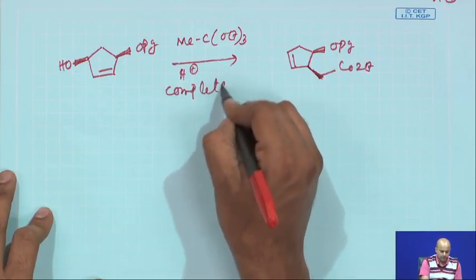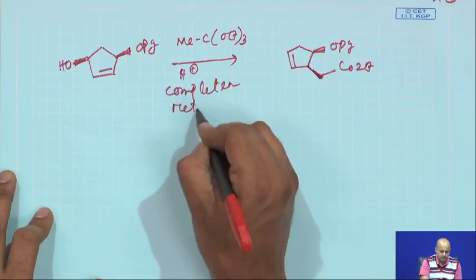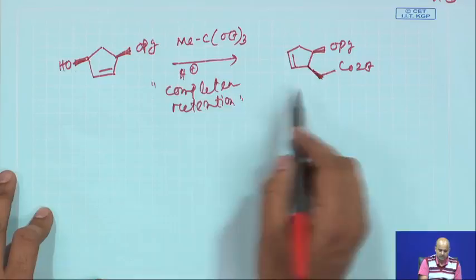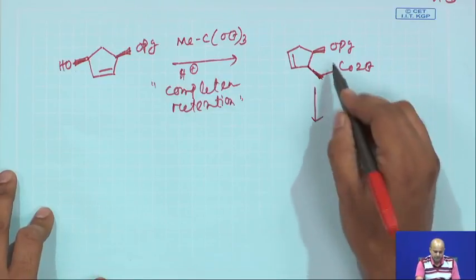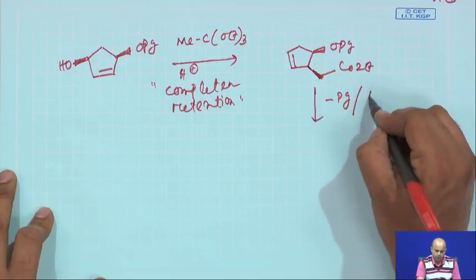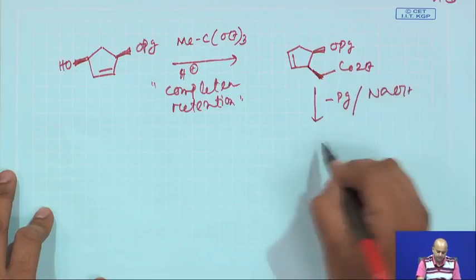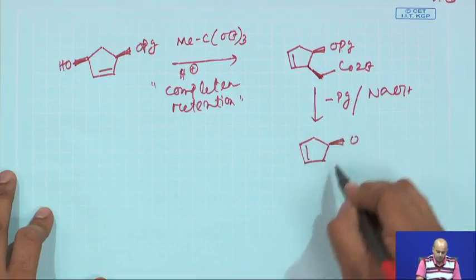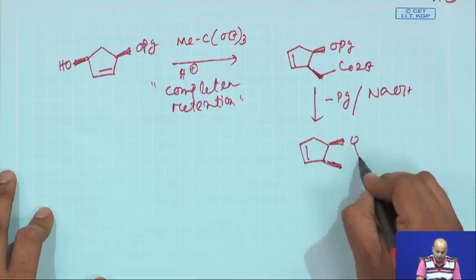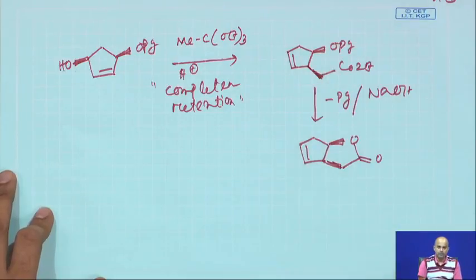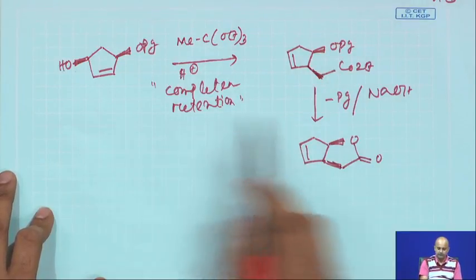As I am not explaining the mechanism of the pericyclic reaction and its stereochemical features, just remember this. Once this is done, it is very simple: you remove this PG, hydrolyze this CO2Et by NaOH, and you get one of these lactones. From the other enantiomer you get the same reaction sequence.